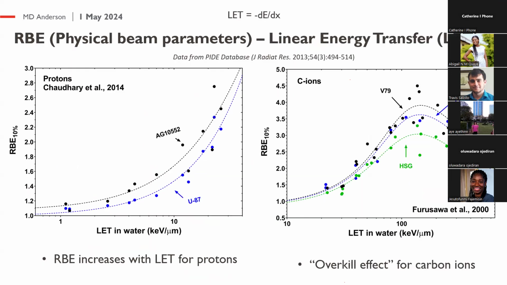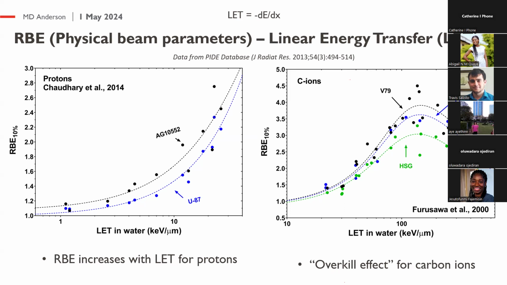So among these effects, for example, as I mentioned before, we need to account for the LET effect, or linear energy transfer. The data in the literature show that as you increase the LET, you tend to increase the RBE. You can see this pretty clearly for protons on the left. As you increase the LET, the RBE goes up.